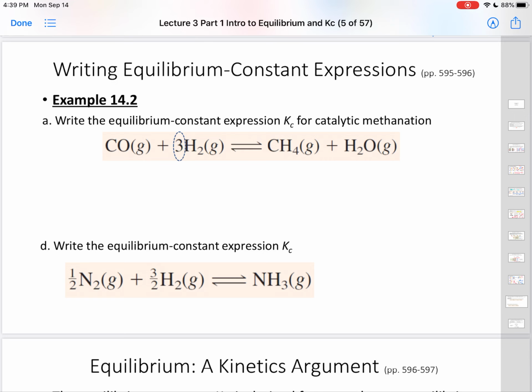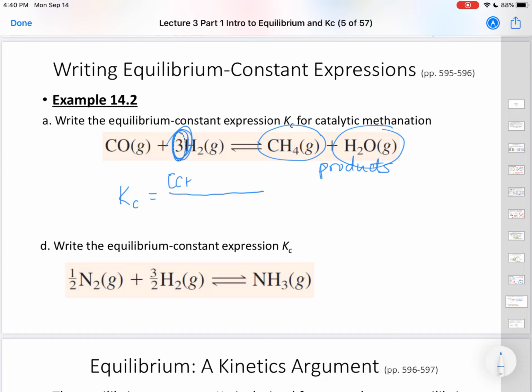Okay. So we're just going to write what does Kc equal to, and it's very important not to forget our stoichiometric coefficients like this 3 here in front of the H2. Okay. So let's do one together. Kc equals the products. Remember, the products are this one and this one. Okay. So we're going to say it is the concentration of CH4 over the concentration of water.